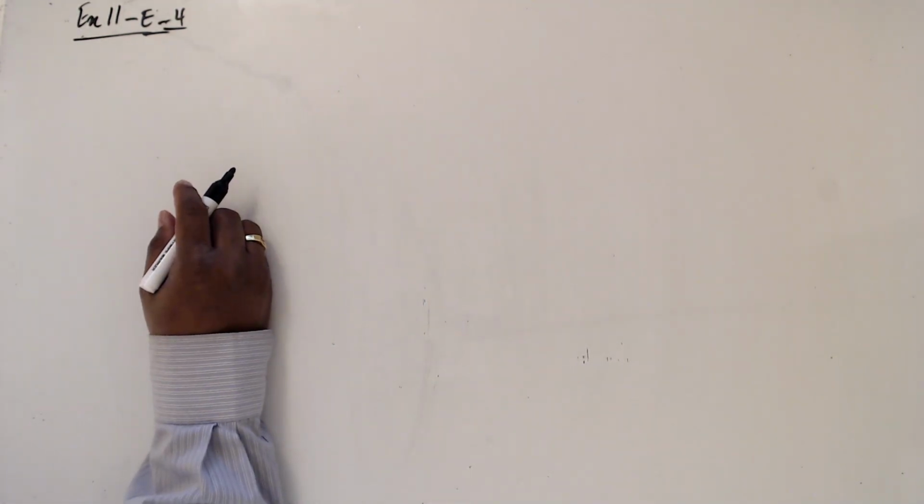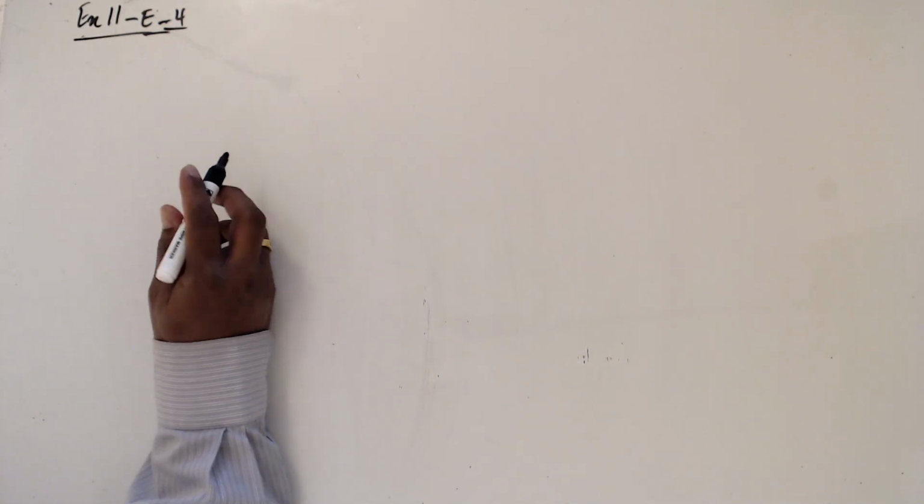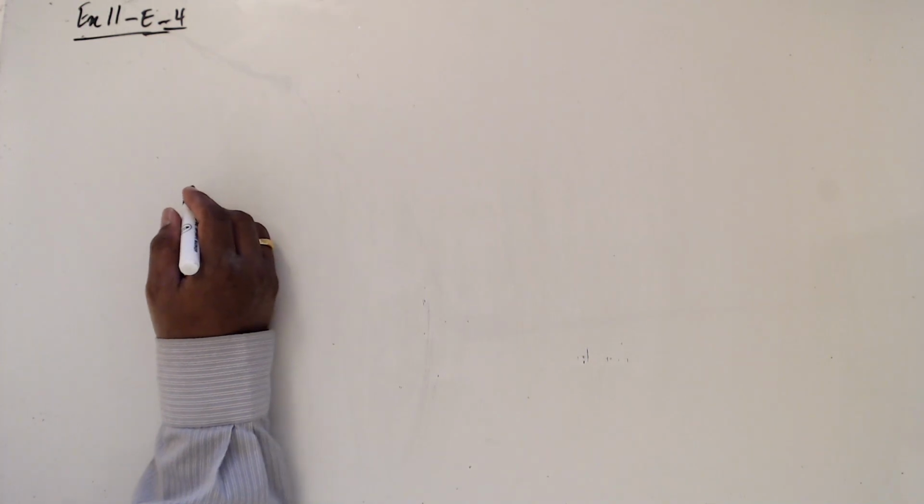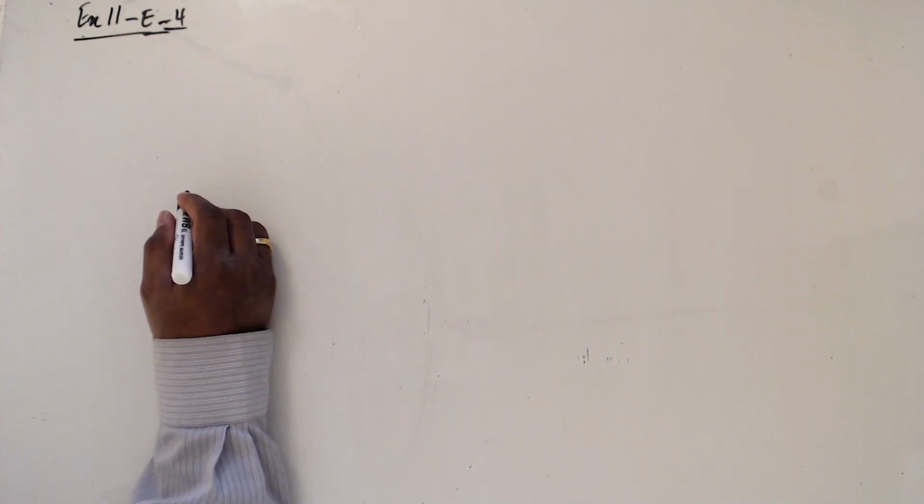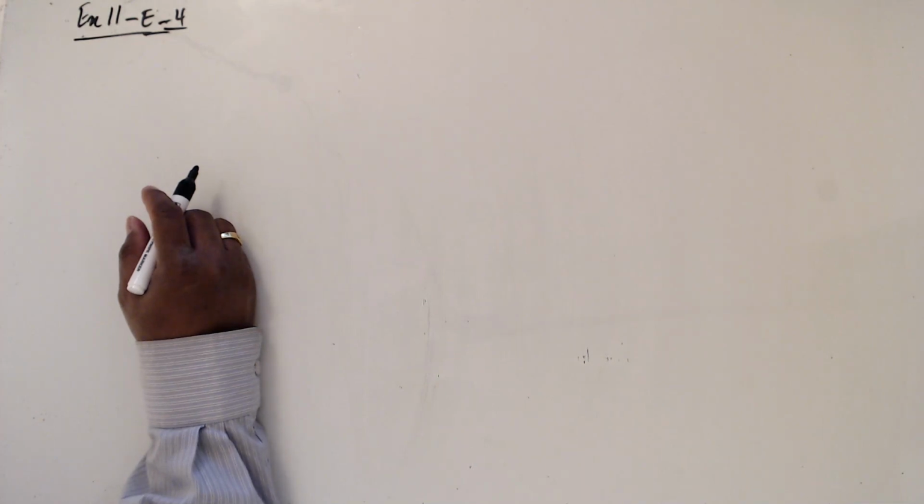Question number 4. There are 5 equations. We want to find the constant acceleration. So this is a displacement equation. When we differentiate 2 times, it will give a constant.